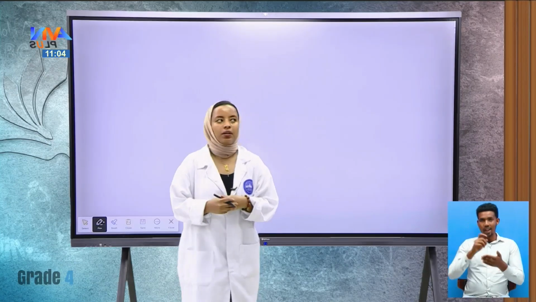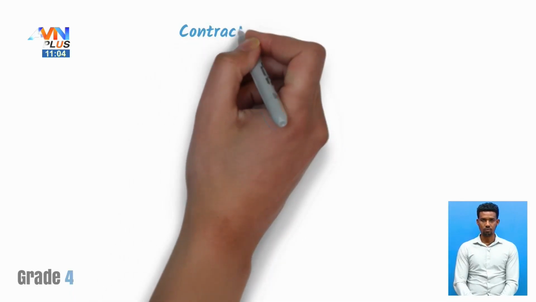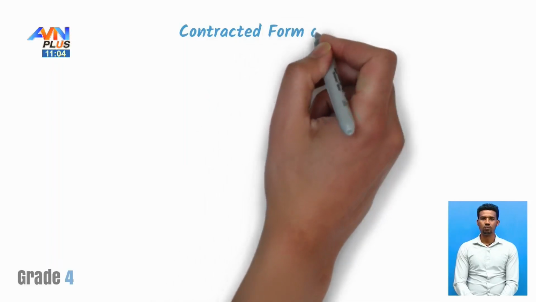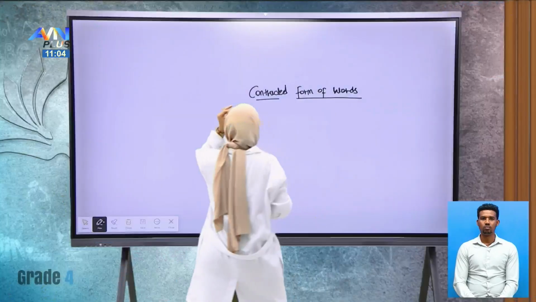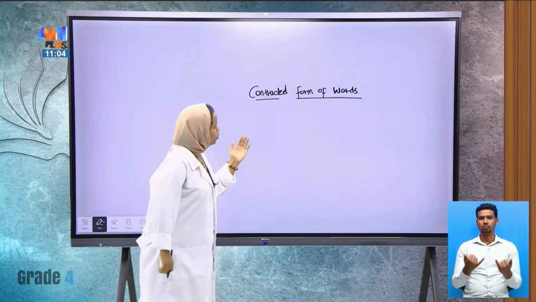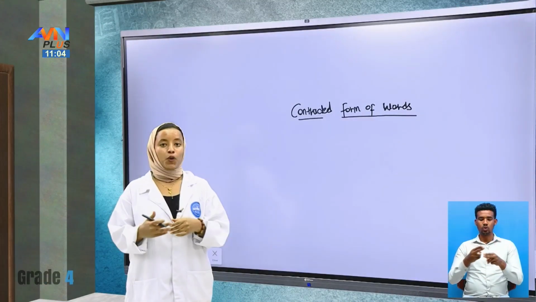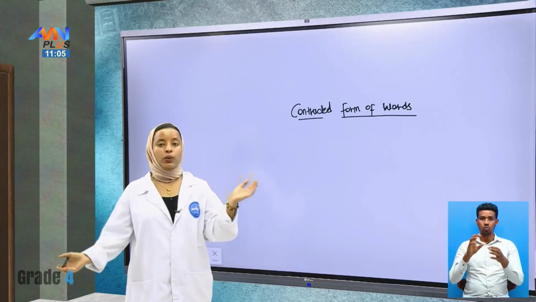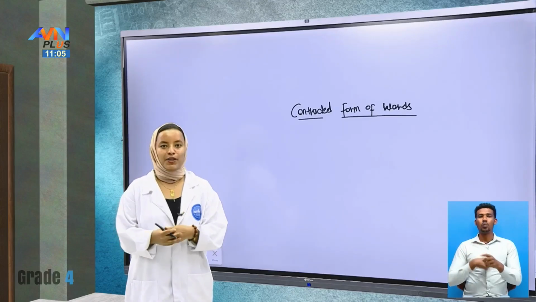Let us write the topic: contracted form of words. A contracted form means a shortened form of words. We can combine two words with each other and make a short form.